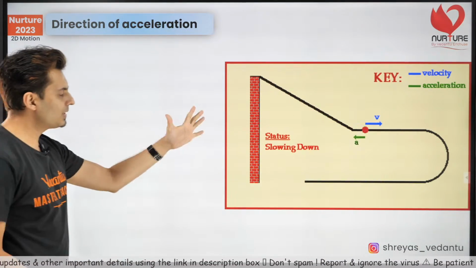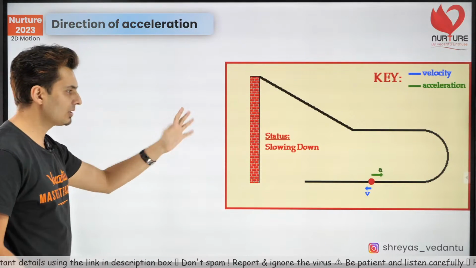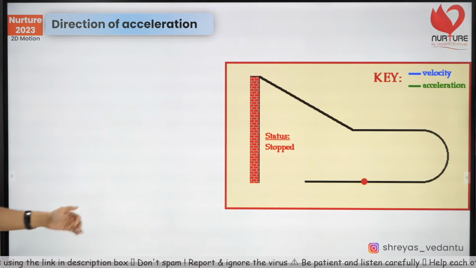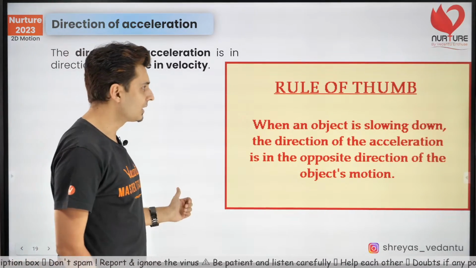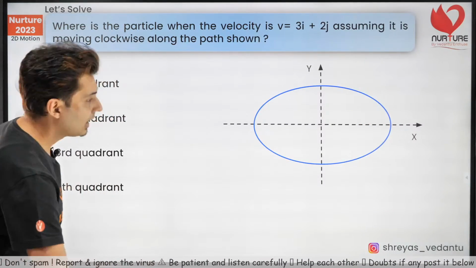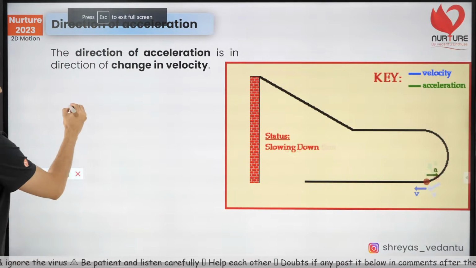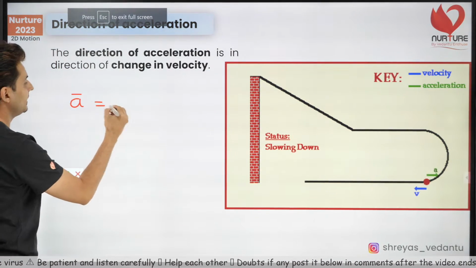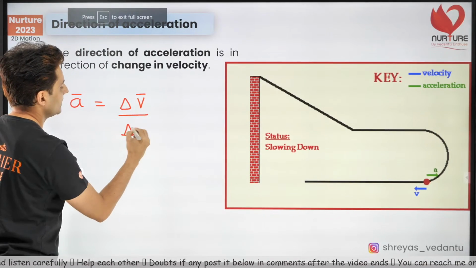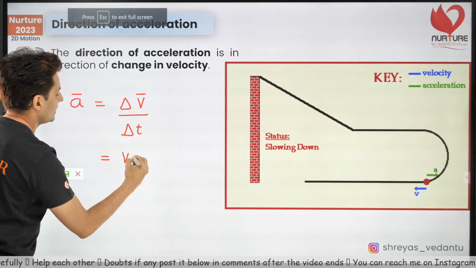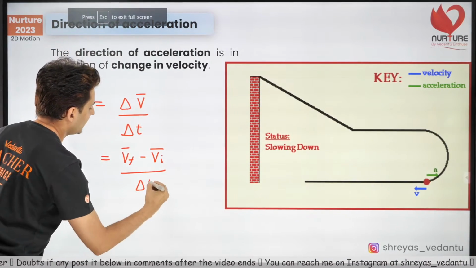Okay, this animation is very important. Let it be there in your head, how acceleration and velocity play around with each other. Beautiful animation. All right, let's get going. So, before going ahead, one last thing. If you want to find the acceleration, always remember, by definition, it is change in velocity by time. That means it's final velocity minus initial velocity divided by time taken.